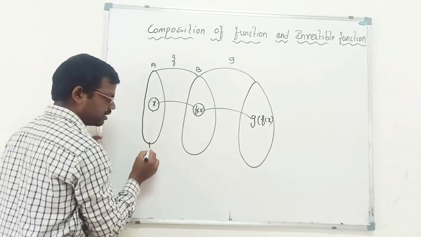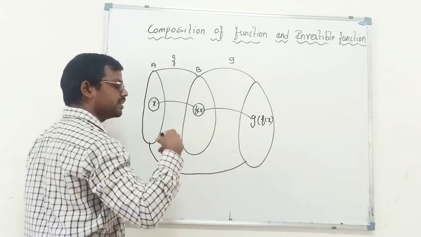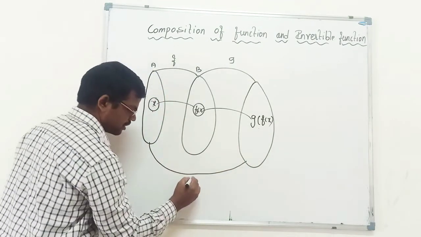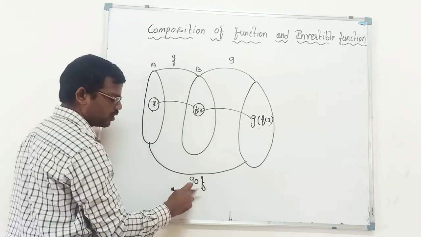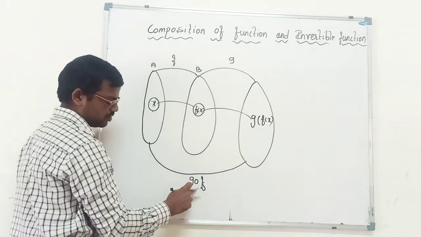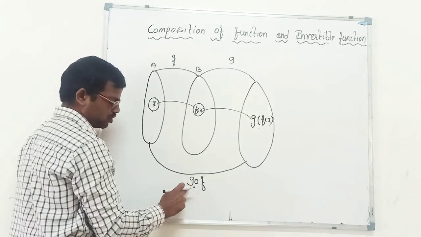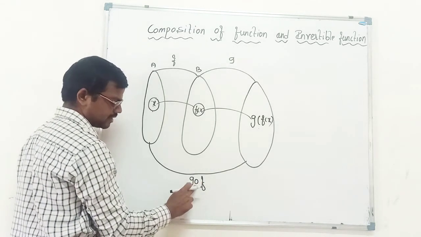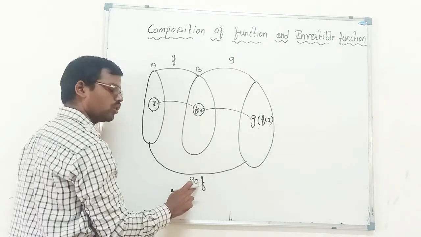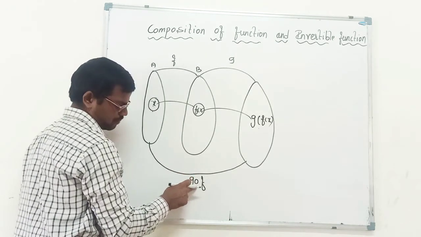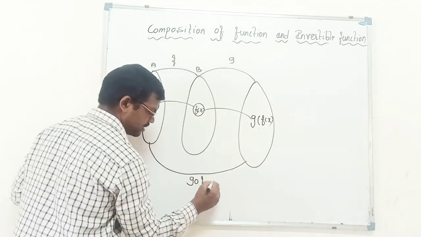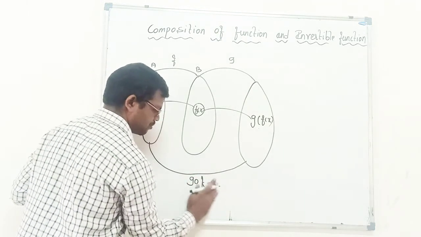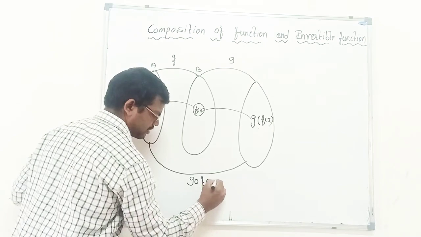And how it is represented: g composition f, with the symbol o, is called g o f. This is the symbol used to compose the functions. g is composed with f, and it is defined as (g o f)(x) equals g of f of x.